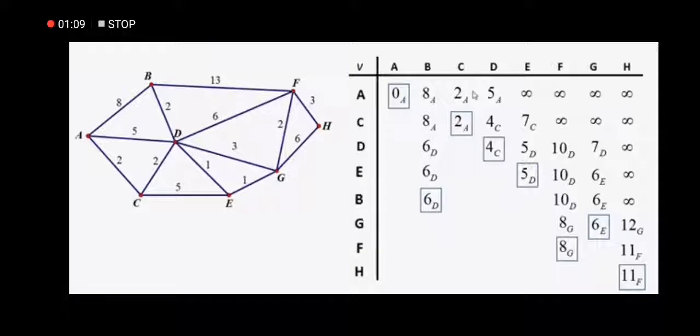So from A to vertex A would be 0 length because it does not have length from this vertex A. And then from vertex A to vertex B is 8.